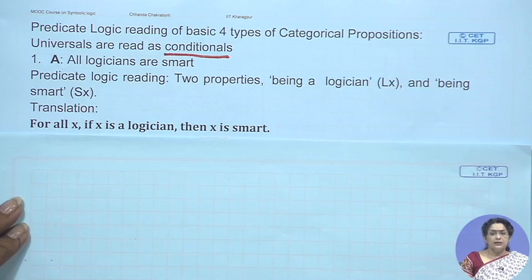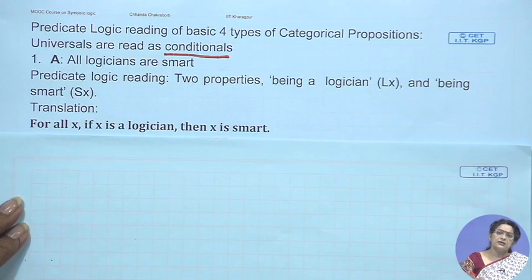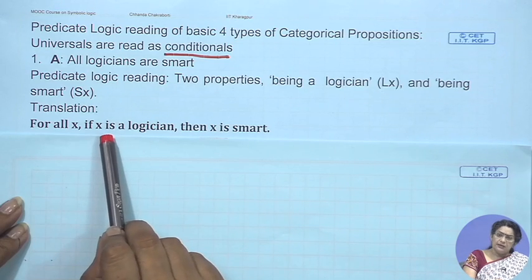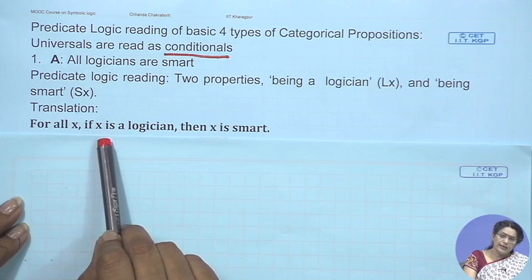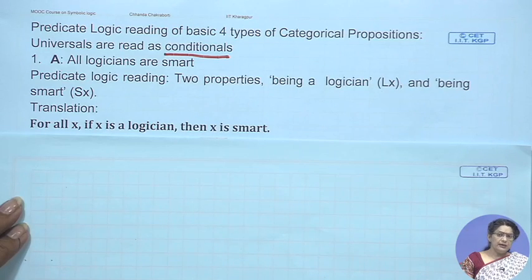Note, there is no claim that there is such an x, that it exists or not. Moreover, this is just left as a conditional. If this property is predicated of x, then this property also gets predicated of x. That is the way the logicians would keep it.